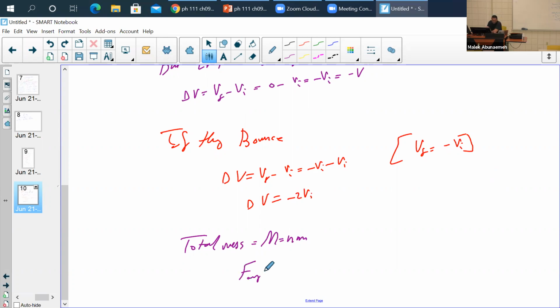The average force is going to equal minus delta M over delta t times delta v.